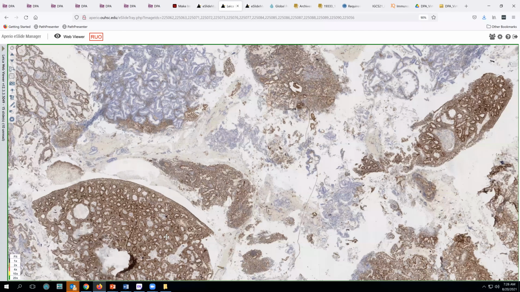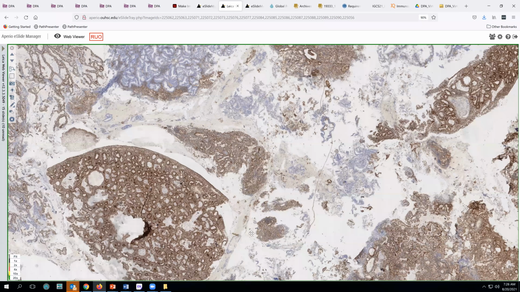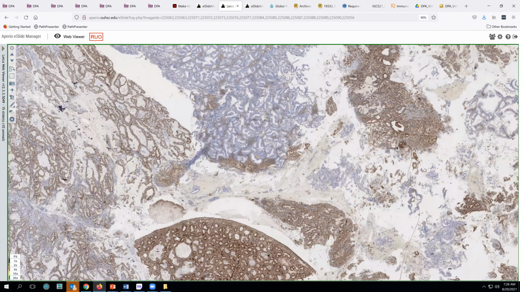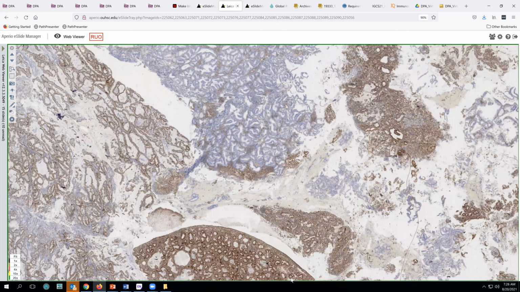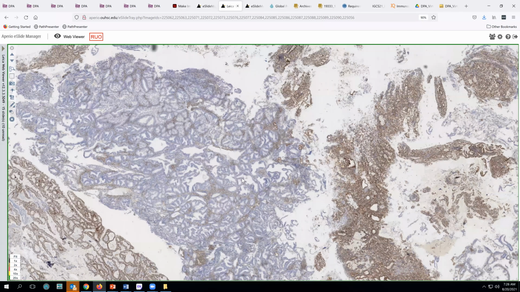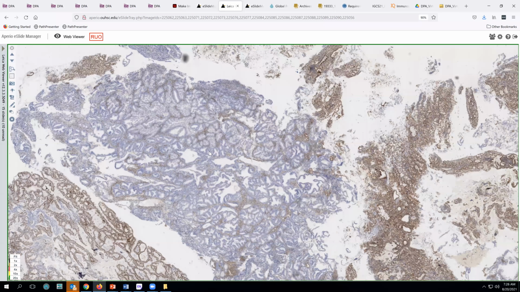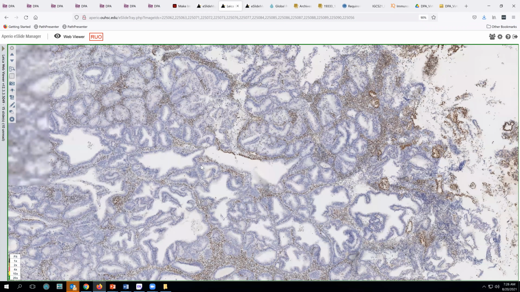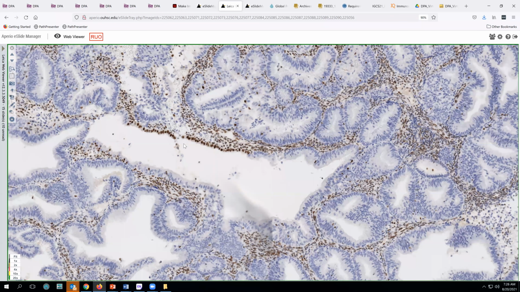But as you evaluate this stain, I would point out the fact that we've got what looks like 2 different patterns. First, in this fragment here, you see the pallor. With this marker, you have some degree of an internal control.